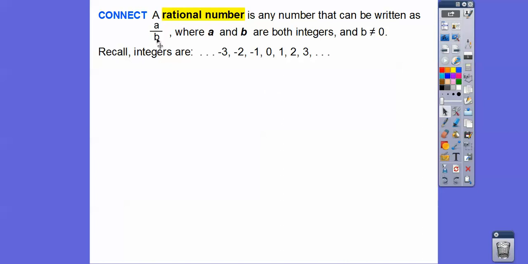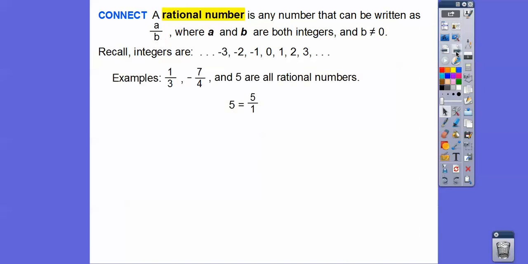Now we can't have this be 0, and you won't know why until you get into a higher math class in high school probably, but you can never have a denominator equal to 0. I like to think of 0 won't hold up this fraction. It'll make it fall over because it'll roll over like a ball. So 0 can't be on the bottom.